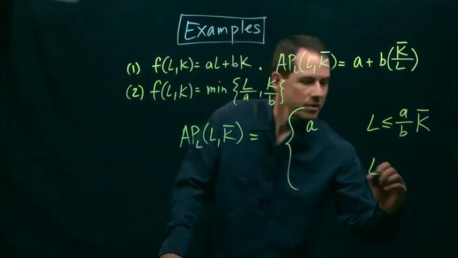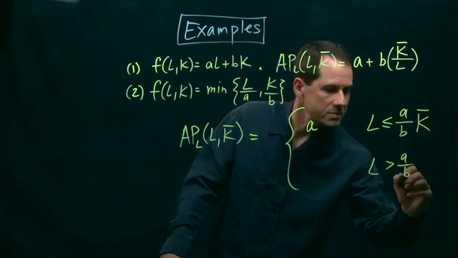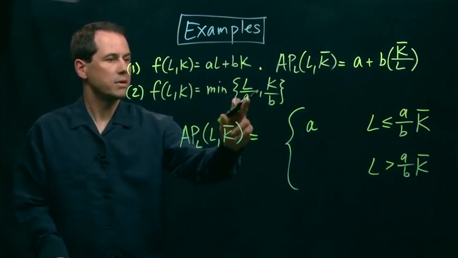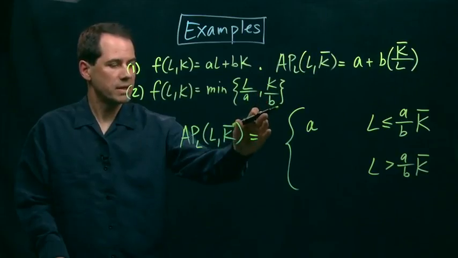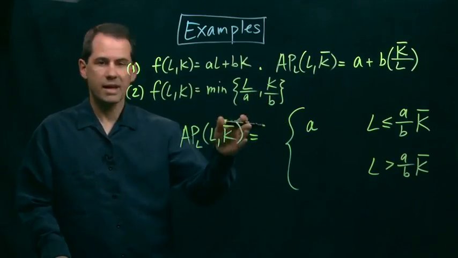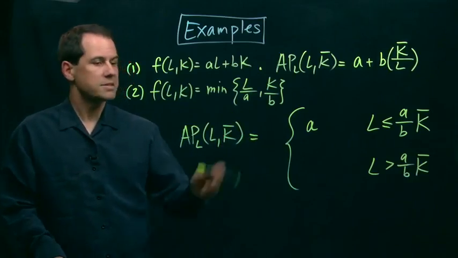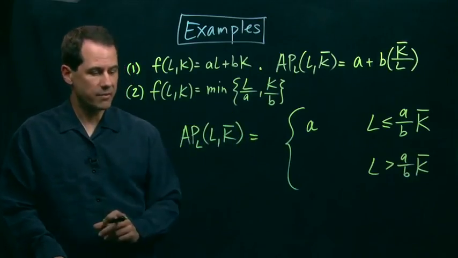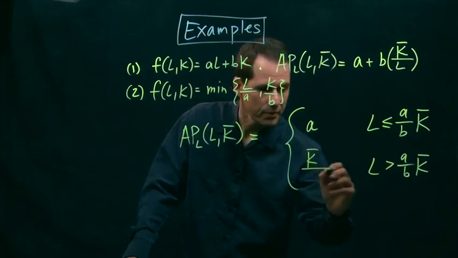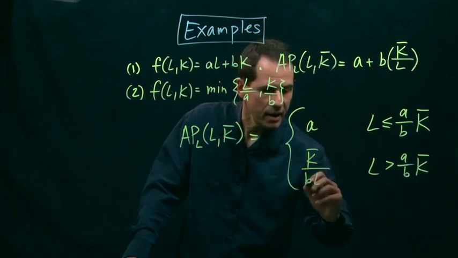For L greater than A over B times K bar, we have that the minimum of L over A and K over B is just K over B. So writing that, K bar over B, dividing by L, because we're looking for the average product, we have K bar over BL.